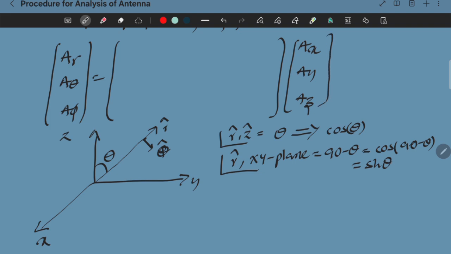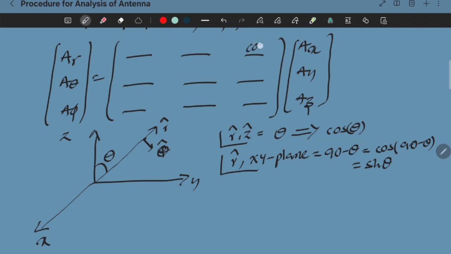So if you see this matrix, R and Z, 9 values we need actually. So R and Z are related to this particular area. R and Z are having the projection cos theta.